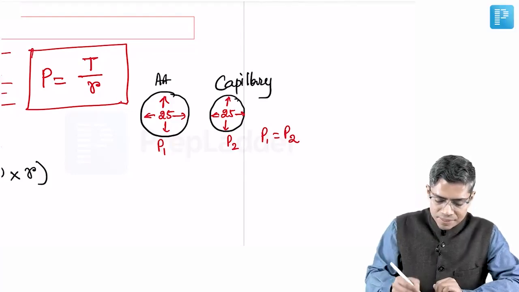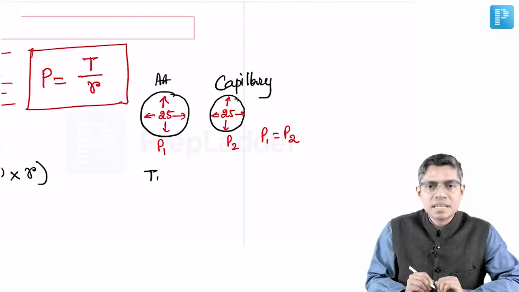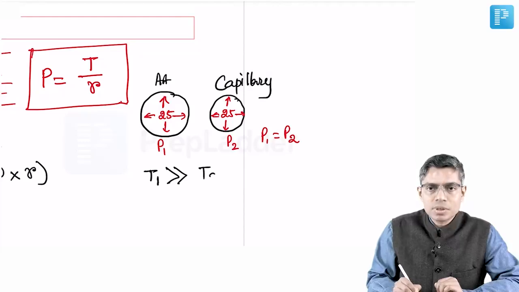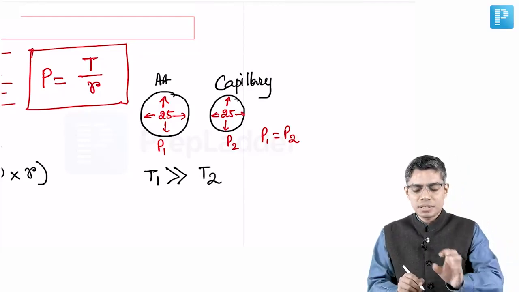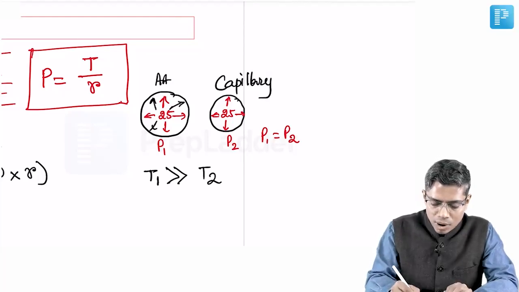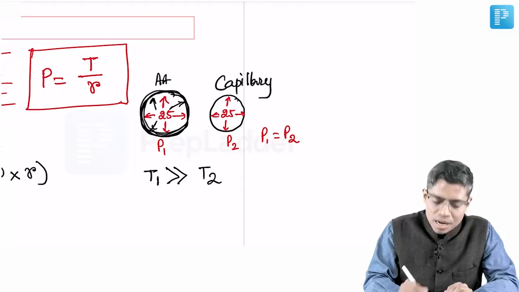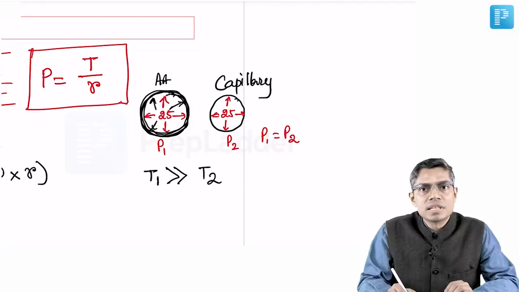Luminal pressure is the same in both these vessels. But I can easily understand that the tension which will be generated here will be more than that of T2, because the tension is the multiplication of luminal pressure by radius. Because of the larger radius, the large vessel wall will develop more tension, so there are more chances of rupture of this large vessel rather than the small vessel.